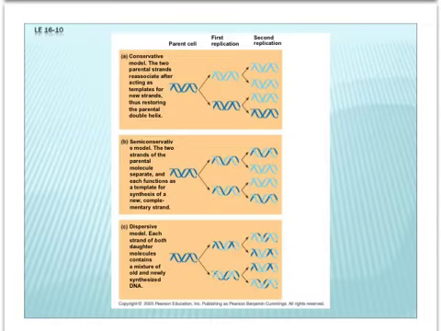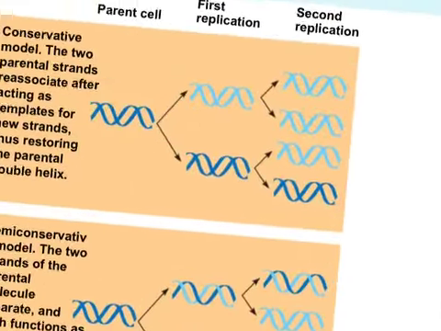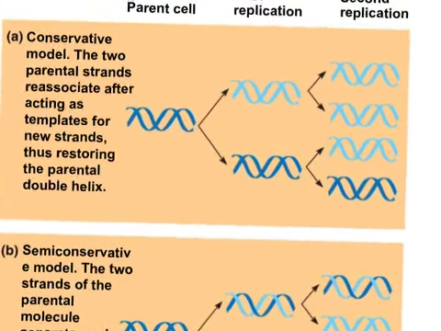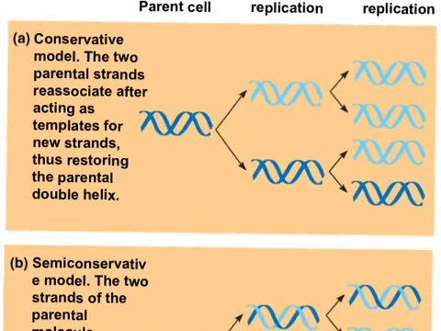The first model is the conservative model, which basically says that the whole molecule is conserved and is passed down, and a completely new template is made each time. At the end of this process, what you end up getting is completely new strands, and that original strand stays intact.